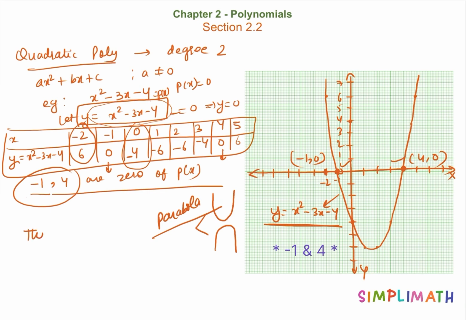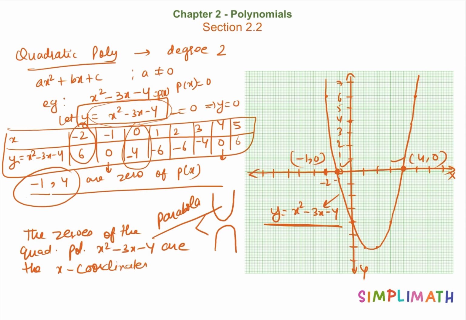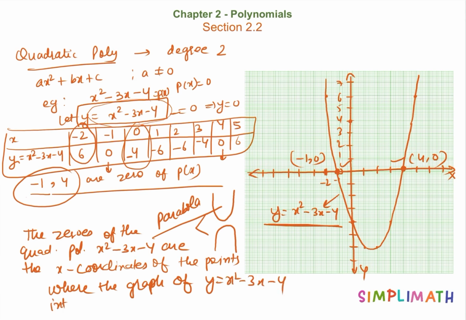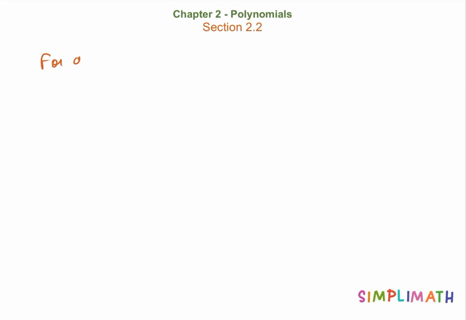So we can say the zeros of the quadratic polynomial x square minus 3x minus 4 are the x coordinates of the points where the graph of y equals x square minus 3x minus 4 intersects the x-axis.